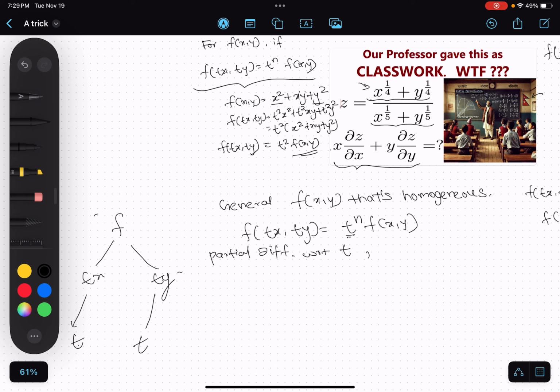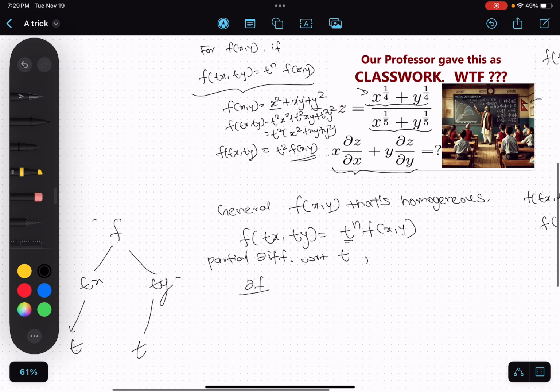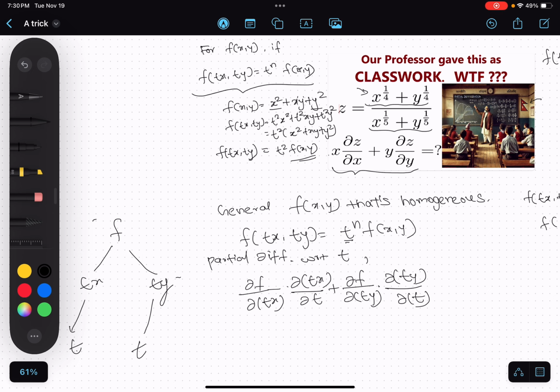So if I want to differentiate this with respect to t, we should consider both cases. So the rate of change in f caused due to change in tx due to t, right? Also, the rate of change in f caused due to ty due to change in t, right? So this is our partial differentiation of f with respect to t.